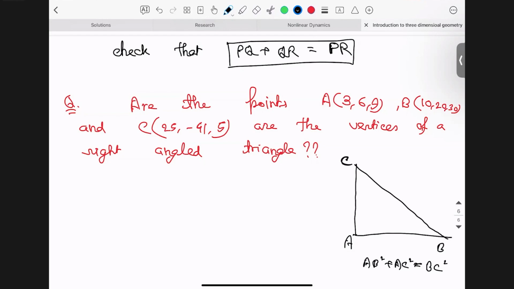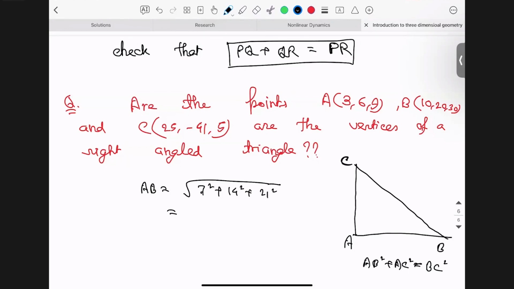So here also we are finding AB, BC, and AC. Simple thing, we can directly use the formula. AB is nothing but, I am not doing every step-by-step calculation, 10 minus 3 is 7 square, 20 minus 6 is 14 square, and 30 minus 9 is 21 square.